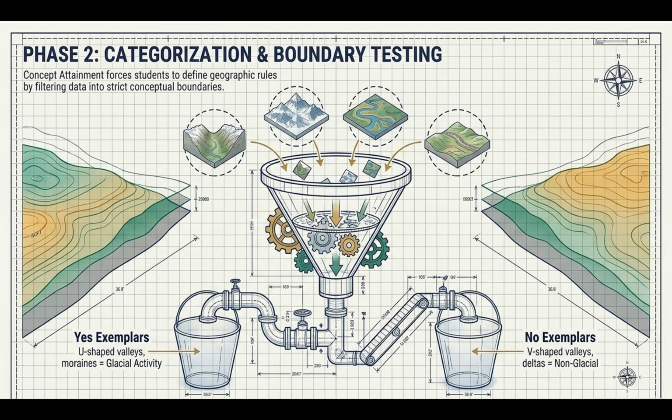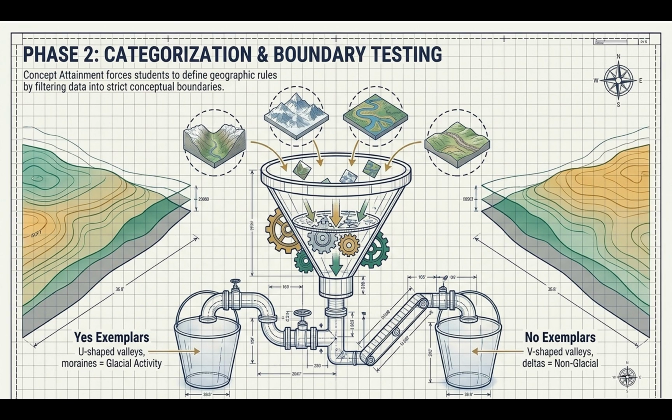Their task is to compare the information and identify the defining characteristic of the concept. In this example, U-shaped valleys and moraines are classified as evidence of glacial activity. In contrast, V-shaped valleys and deltas are presented as non-example because they are formed through different geographical processes.